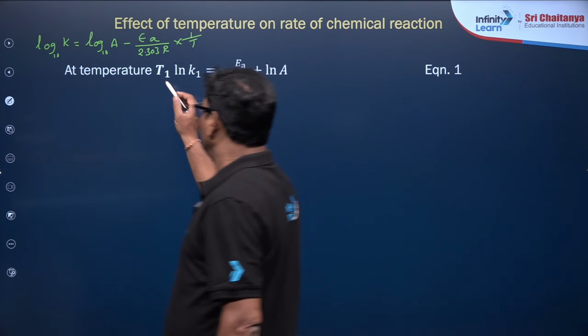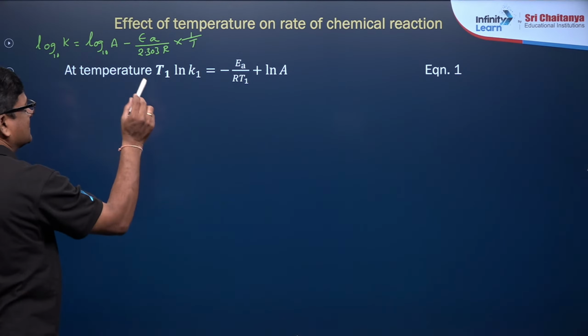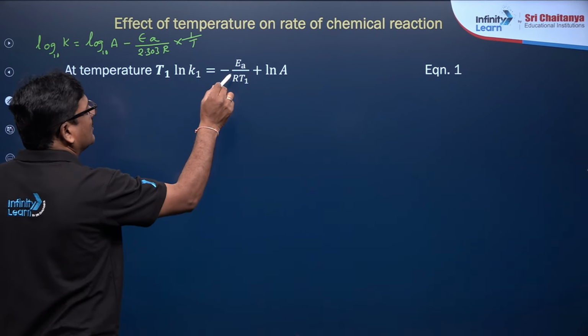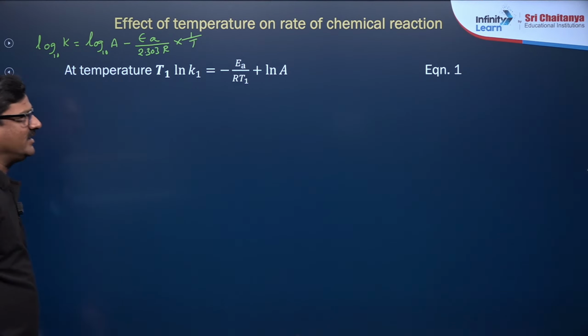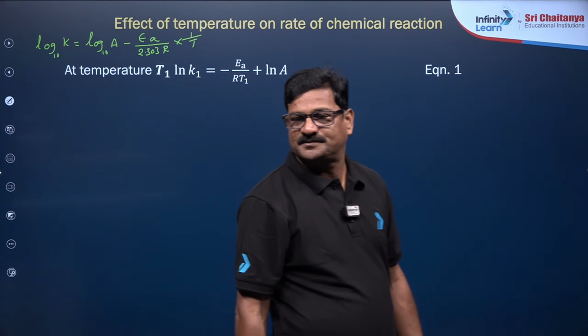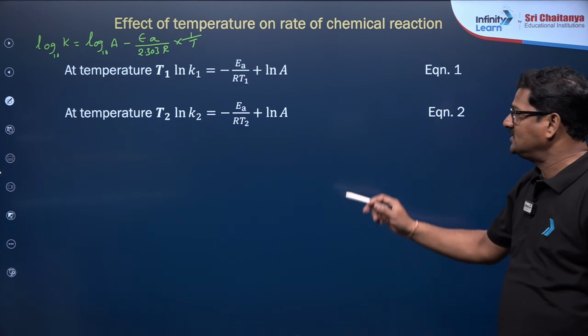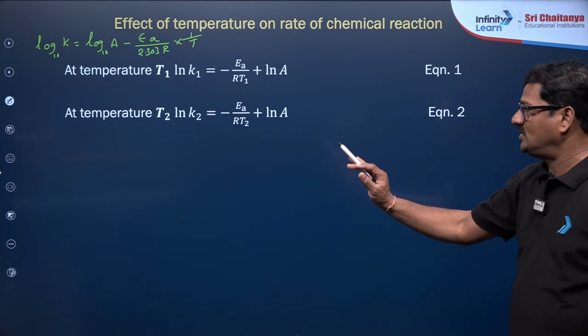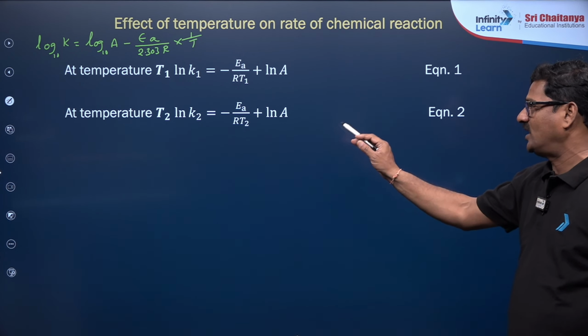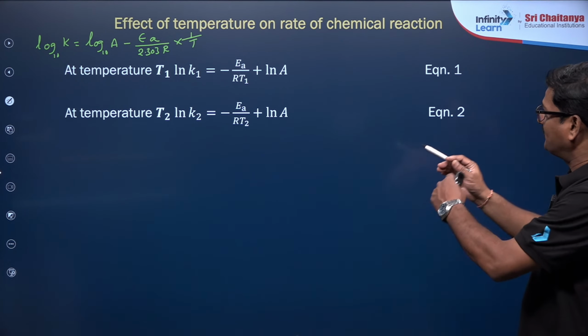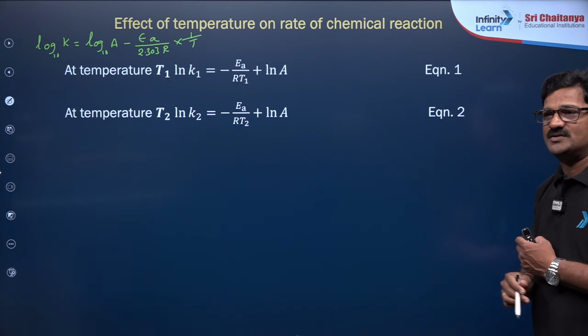Now at temperature T1, the same expression is ln K1 is equal to minus EA by RT1 plus ln A, that is equation 1. At temperature T2, ln K2 is equal to minus EA by RT2 plus ln A, that is equation 2. You subtract equation 1 from equation 2.